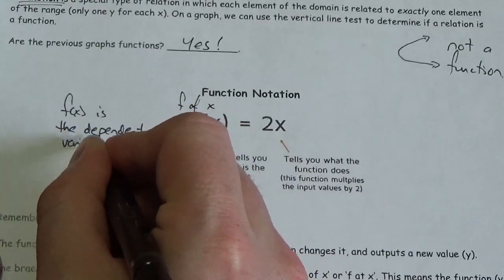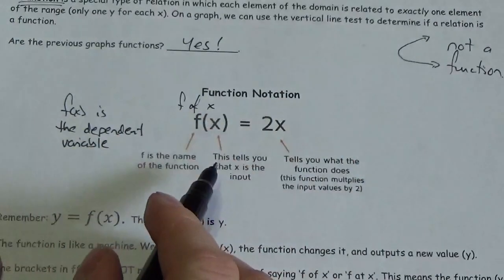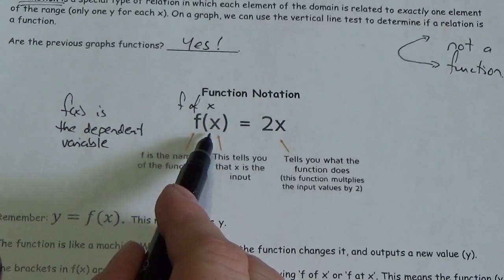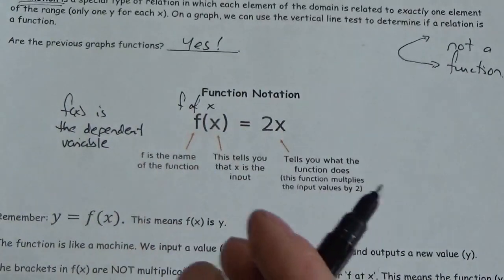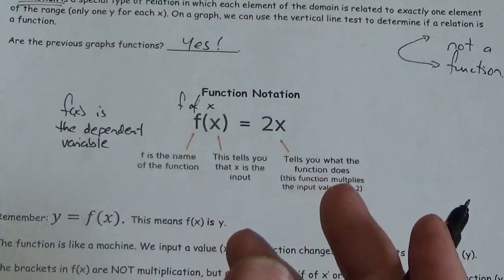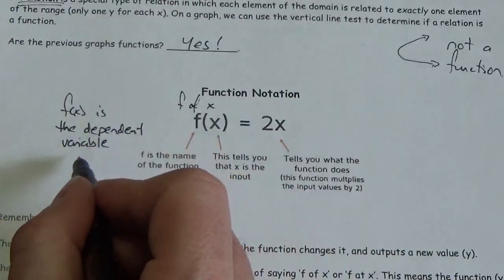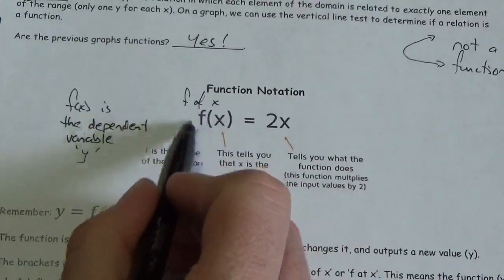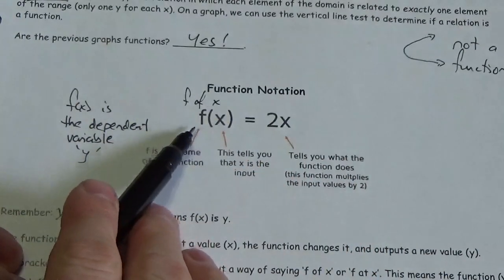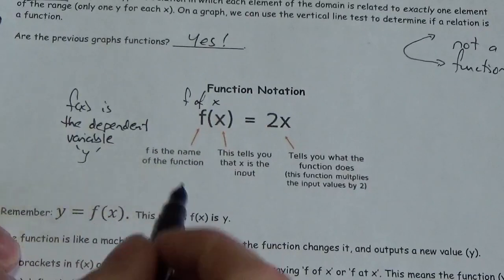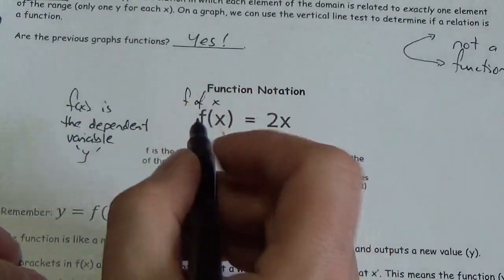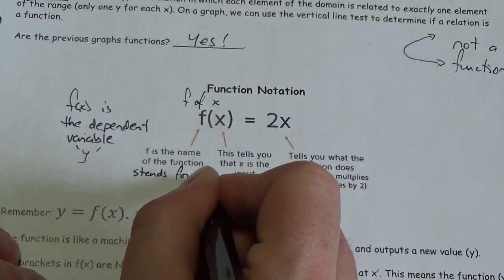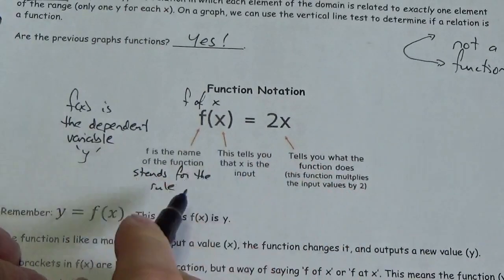Now, it consists of a couple of pieces. I've got f here, and then I've got the parentheses with the x inside. Now, it might look like I'm making this notation a little bit more awkward because, isn't that really just the y variable? Well, yeah, it is, but there's some benefit to writing it like this. The f here always refers to the name of the function, but it stands for the rule, the very, very specific rule.